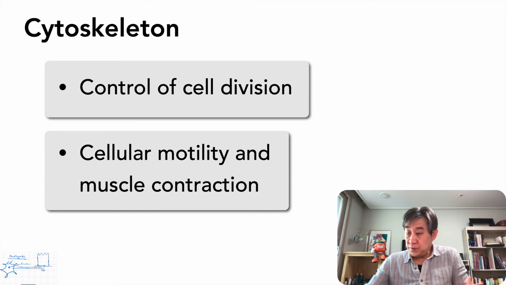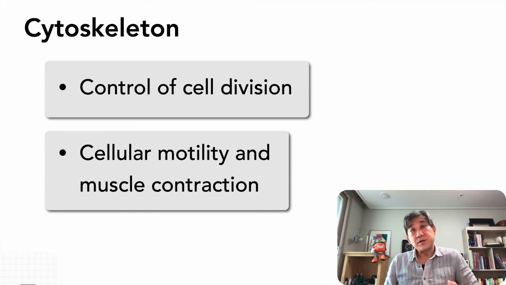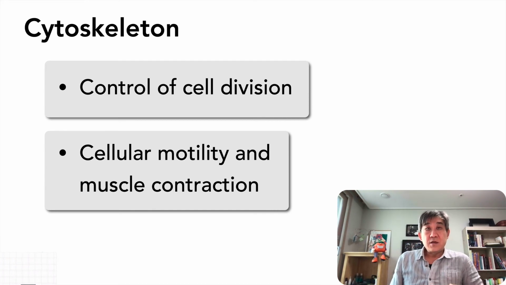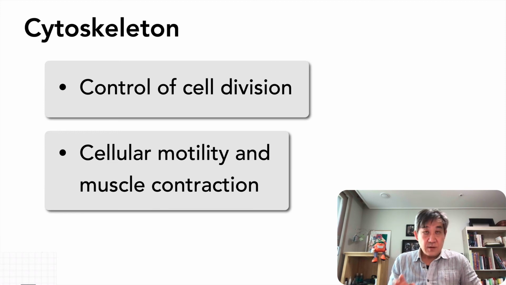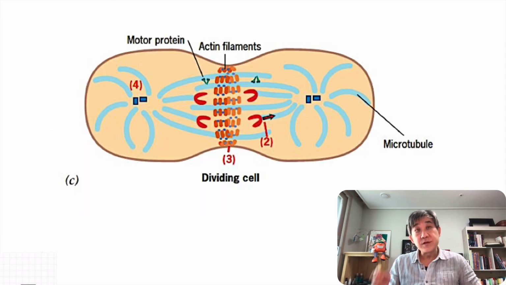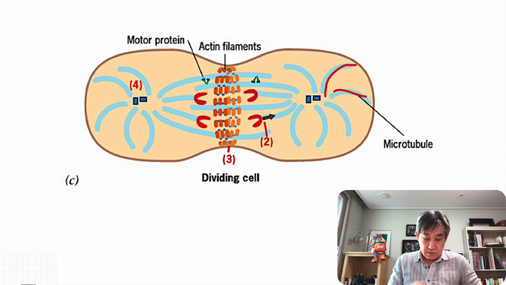Another very important function of the cytoskeleton is in the control of cell division. Speaking of cell division control first, as we can see over here, once again this sky blue color is representing microtubules.